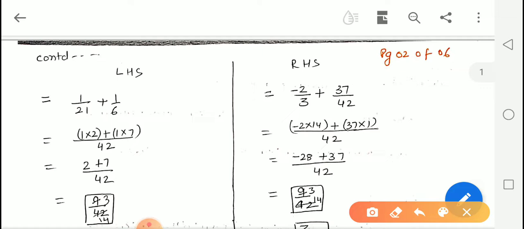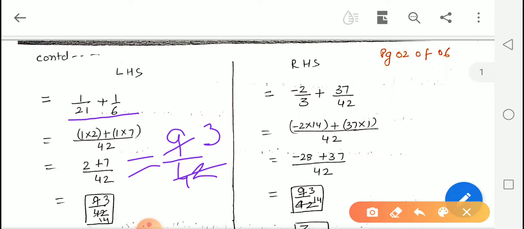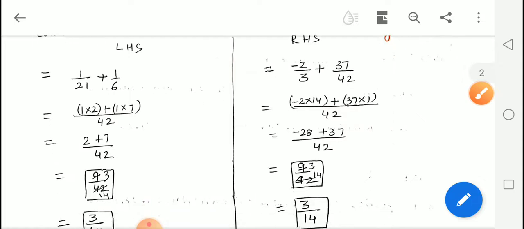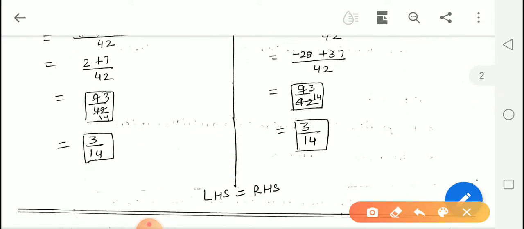Now if we solve this, then we will get 9 upon 42 as the answer, and this we can cancel as this, and we will get on the left hand side 3 upon 14 as the answer. Now let us solve the right hand side.